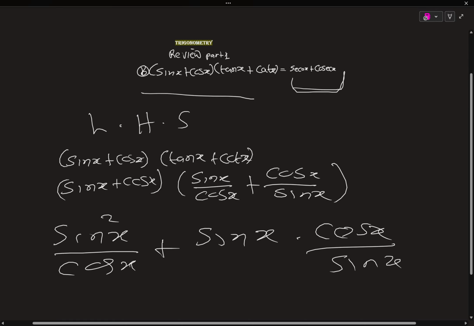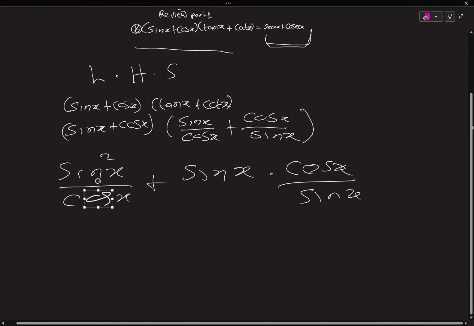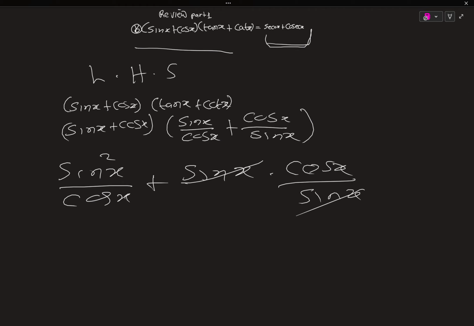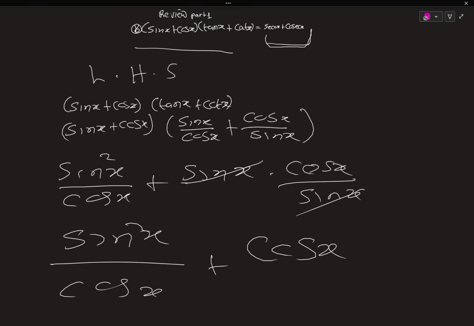That is our first equation. I can simplify this: sin and sin will cancel there. I'm going to remain with cos. So I remain with sin squared x over cos x plus cos, right?